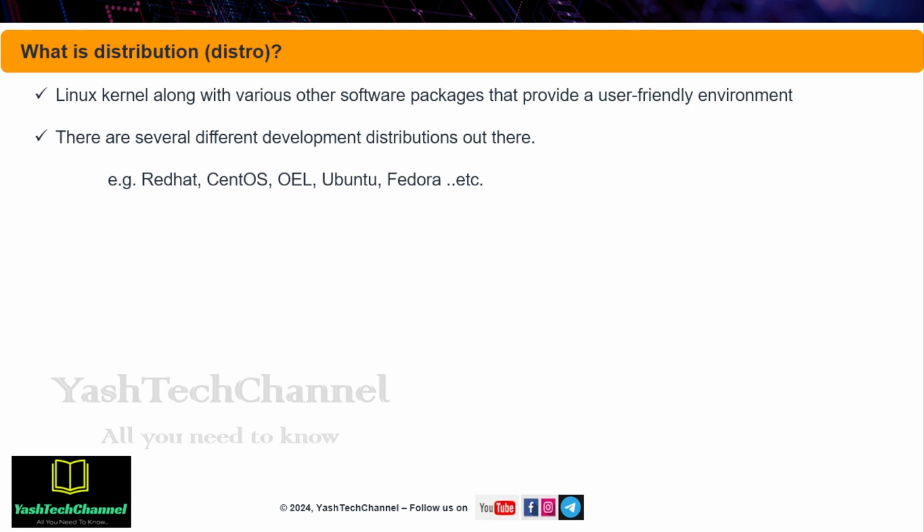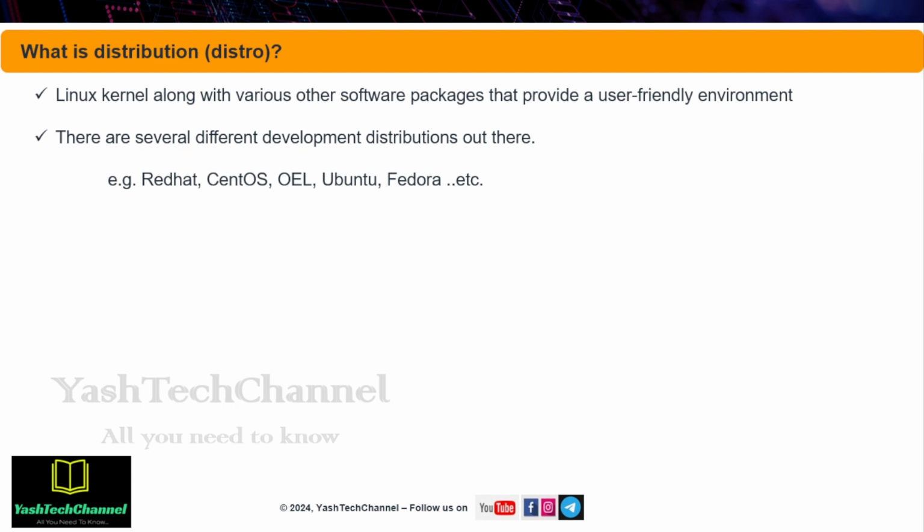I'll give you the differences between Ubuntu and Ubuntu Pro as well. And we have Fedora. Fedora is sponsored by Red Hat, a sub branch or clone of Red Hat. So that is Fedora.